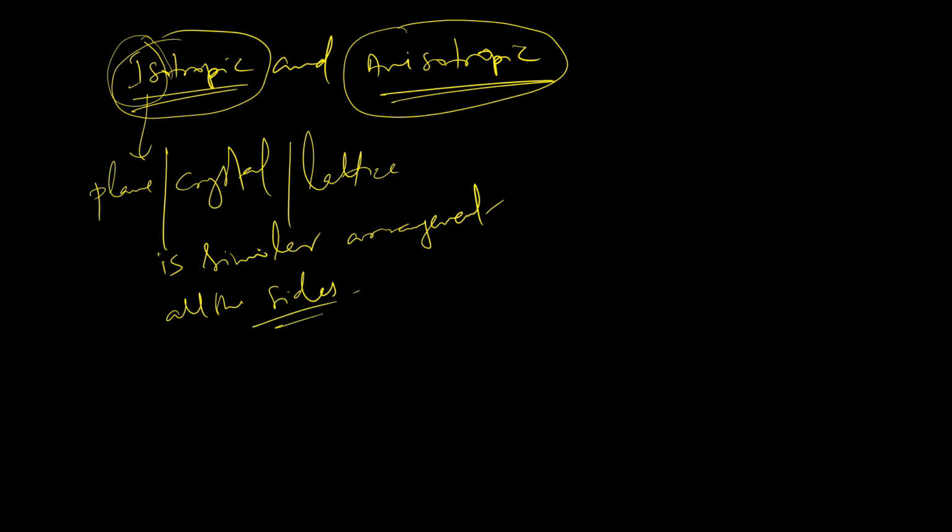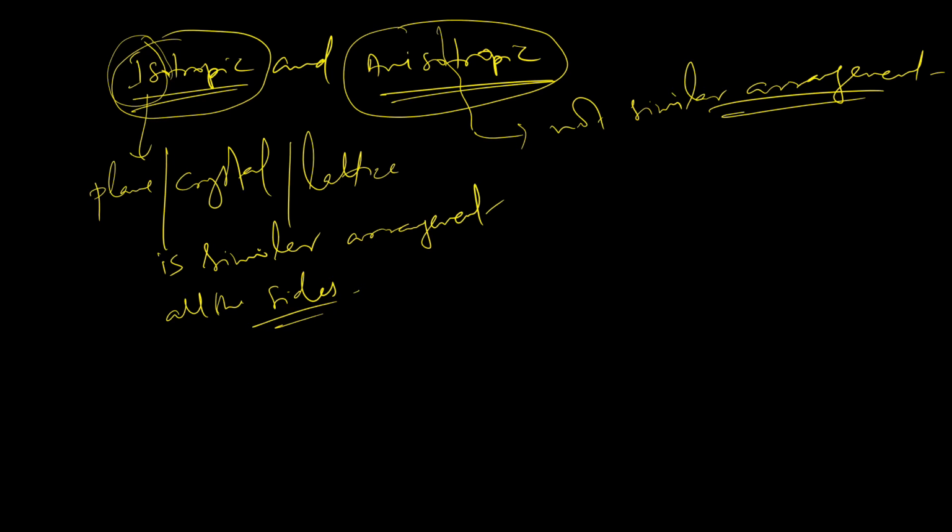What about anisotropic? Anisotropic is something which is not similar, a not similar arrangement. We'll discuss it in more detail. So it is in the crystal or lattice. We'll draw it first.